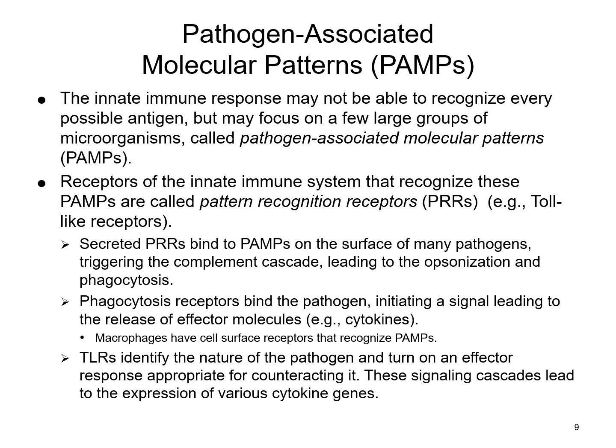Now, the innate immune response is not able to recognize every single antigen that it's presented with, but it may focus on a few large groups of microorganisms. So it may not be able to focus on a particular one, but on what's in the genetic family makeup. Those large groups are called pathogen-associated molecular patterns.